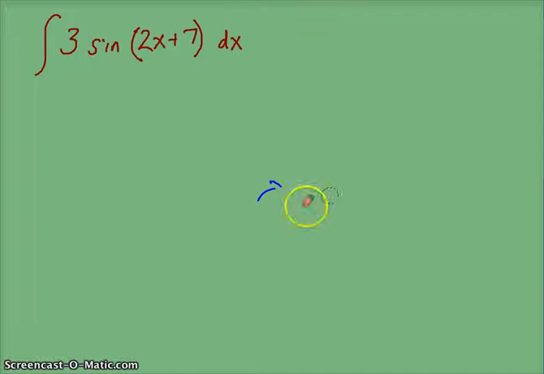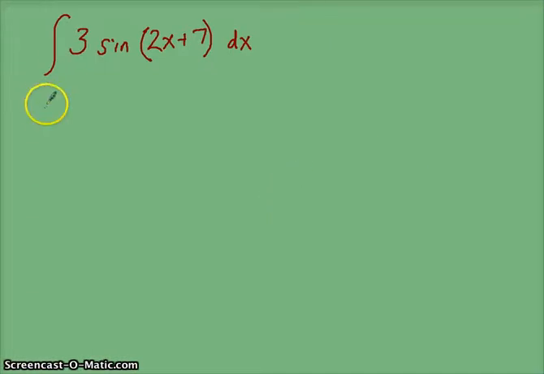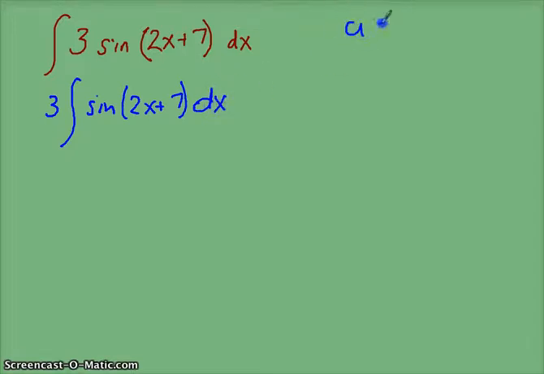All right. Again, we're going to look for that inside function, and just to make things easier, I'm going to take my constant out, no problem. And I think it's pretty obvious that you're going to have u as 2x plus 7, so du is 2 dx, because it's an x. Okay, no problem.